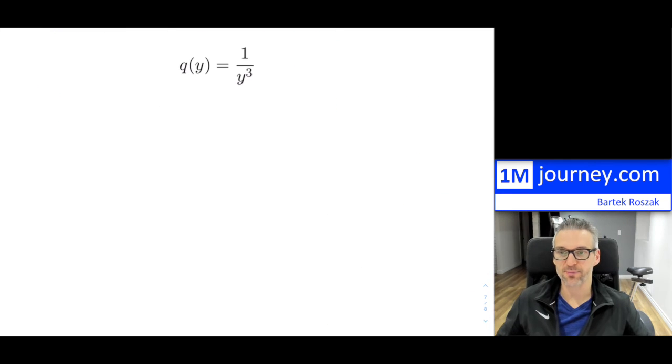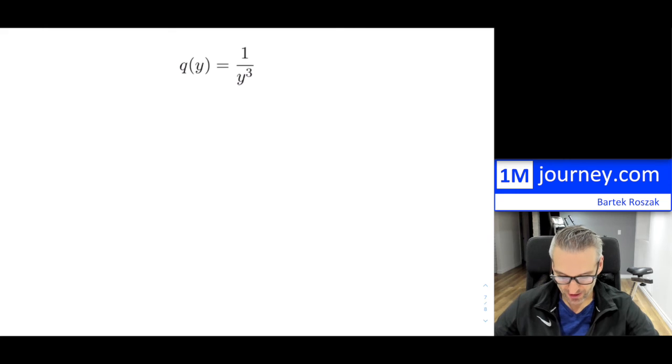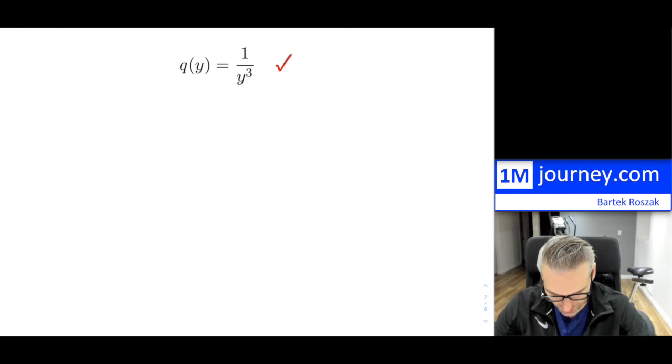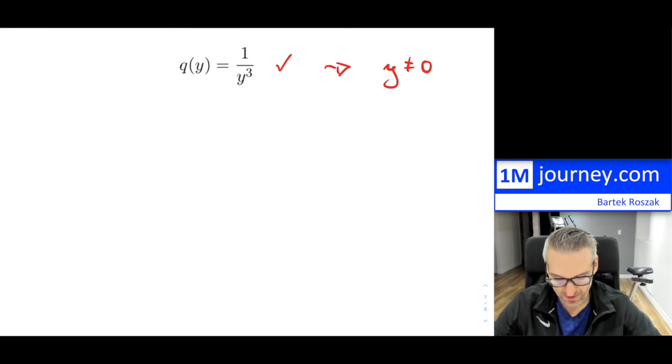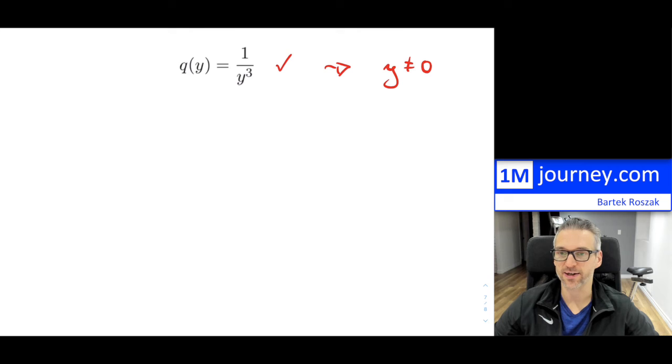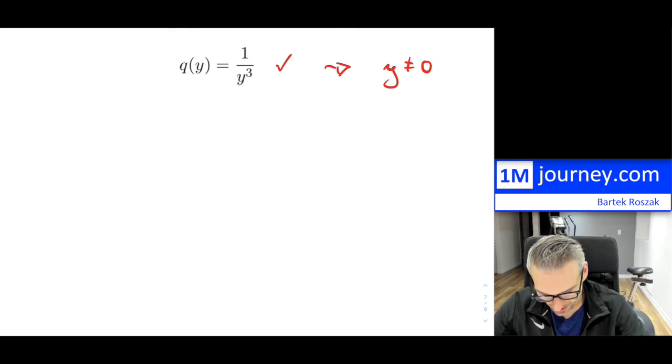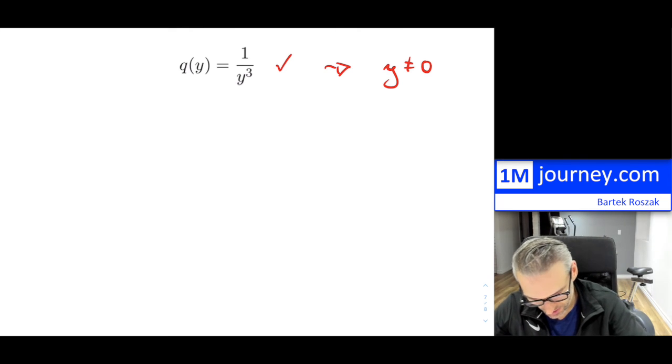Here's another example for finding the derivative with regards to the first principles definition of this particular function. So first thing again, always ensure y cannot be equal to 0 because this function is not defined there. Now finding it from first principles, we substitute y plus h in here.